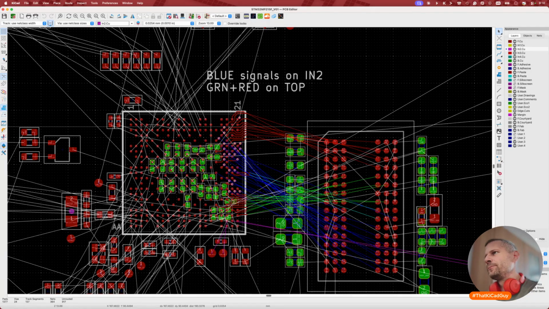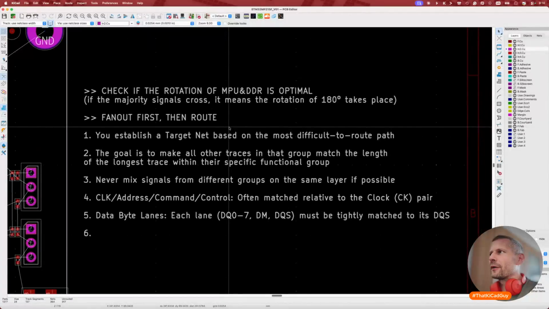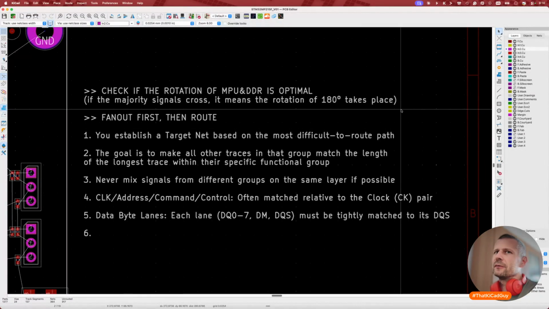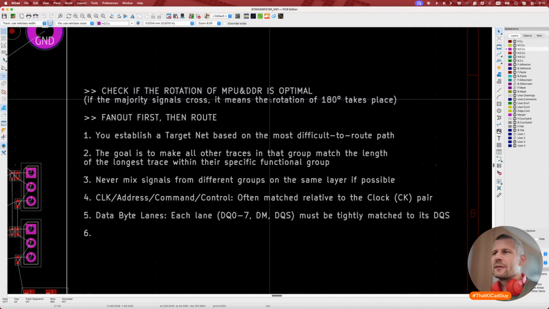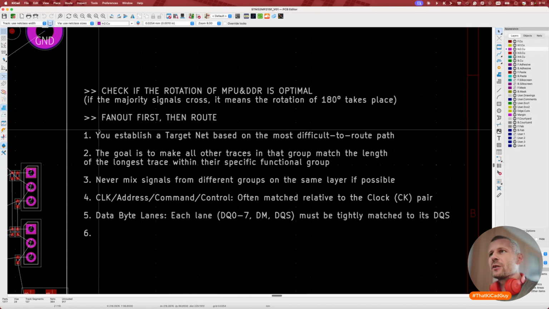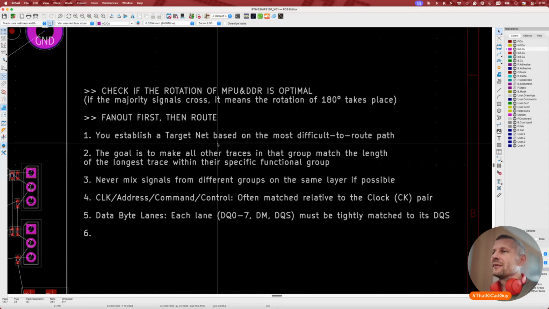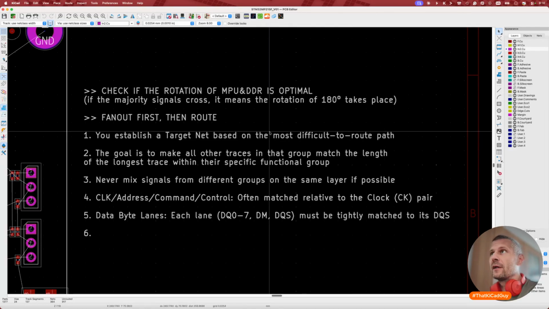And now, according to the list I prepared in advance to the previous session, check the rotation, that was the one I added. Fan out first, then route. That's what we have done. You establish a target net based on the most difficult to route path.